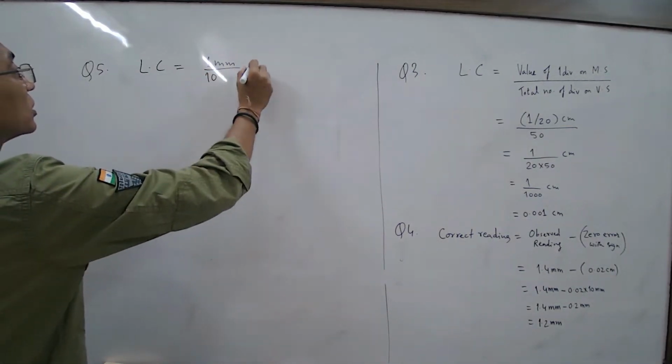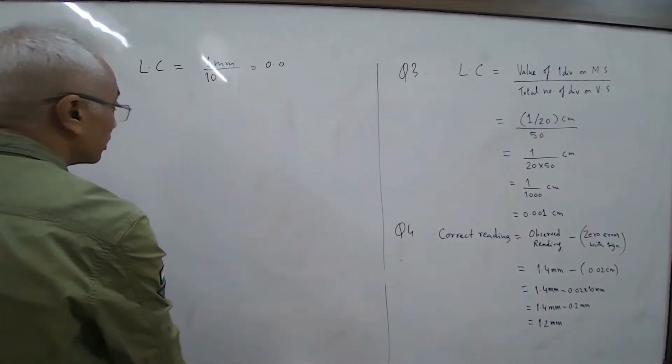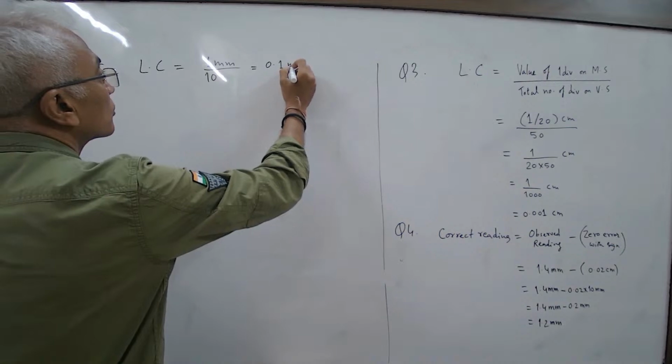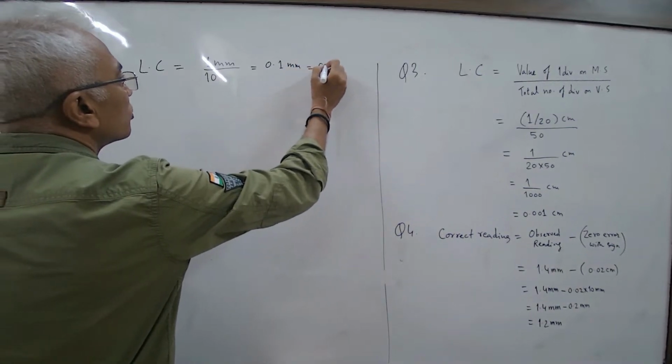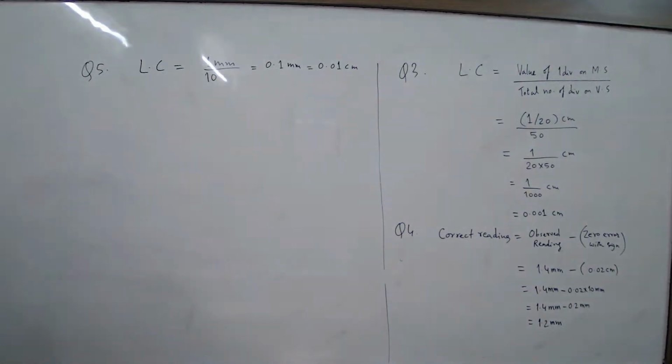What is the least count then? 0.1 millimeter, which is 0.01 centimeter. So we have calculated the least count, because the question itself says the vernier caliper has its main scale graduated in millimeter, so each division of the main scale is 1 millimeter.